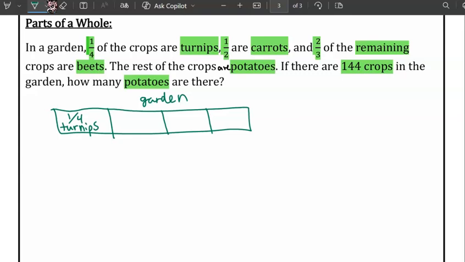So half of this whole thing right here is carrots. And then 2/3 of the remaining crops are beets. So this amount is beets. And then the rest of them are potatoes. That'd be this amount.